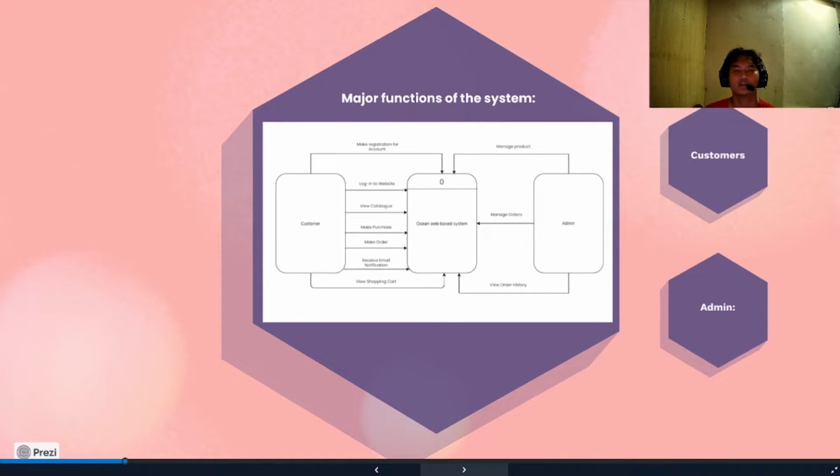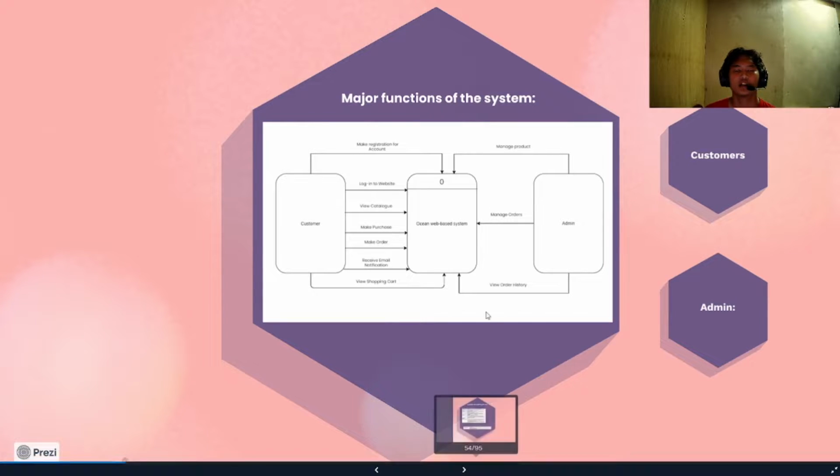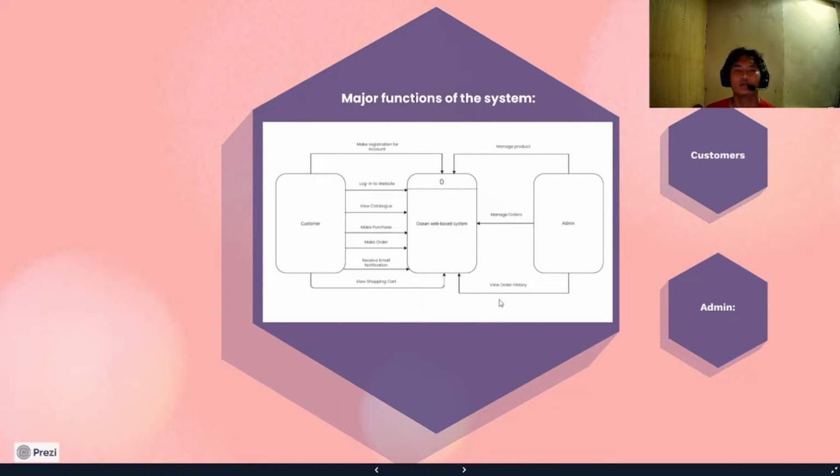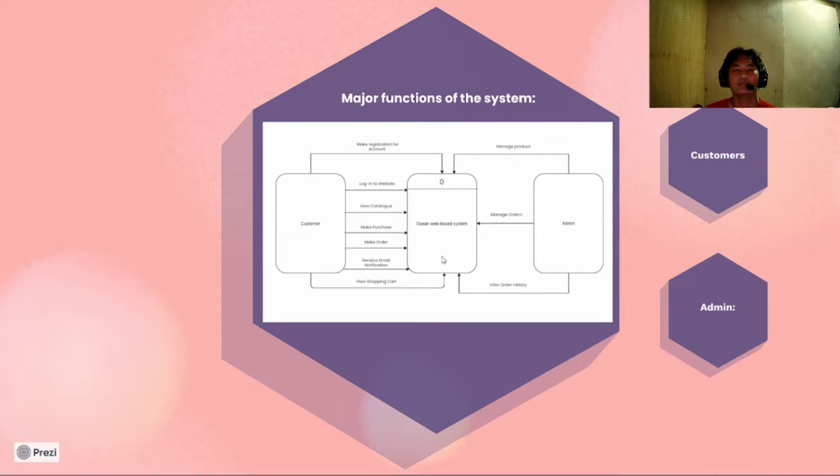Next are the major functions of the system, which are product functionality for the customer. Customer can make a registration for an account, log into the website, view catalog, make purchase, make order, receive email notification, and also view shopping cart.